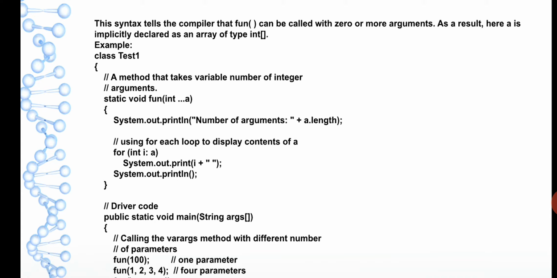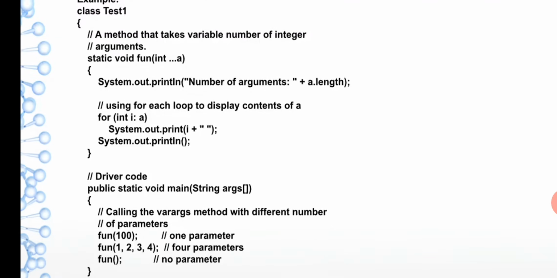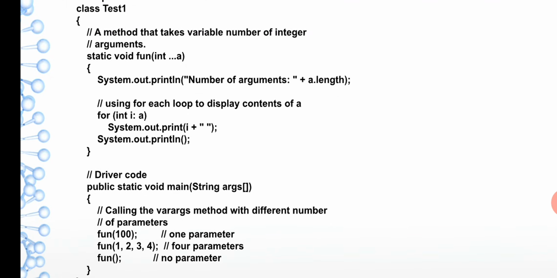Now you can see the example here. So you have one class called test1. After the test1, you have one static method with the name fun. Inside the fun, what is the parameter? It is nothing but int followed by 3 dots and a. That is the syntax. You have to write the code in the same fashion. It is a new syntax.